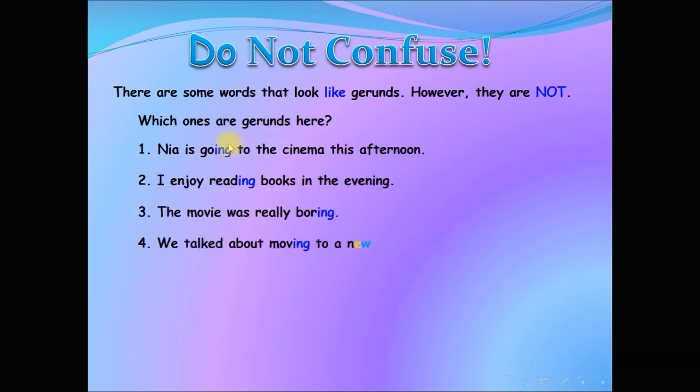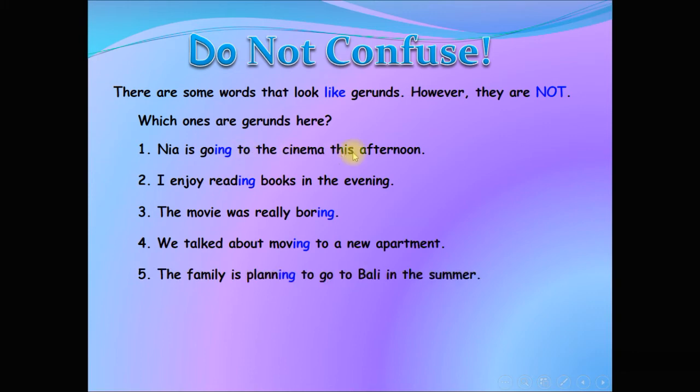Number 1, Nia is going to the cinema this afternoon. Number 2, I enjoy reading books in the evening. Number 3, the movie was really boring. Number 4, we talked about moving into a new apartment. And number 5, the family is planning to go to Bali in the summer.